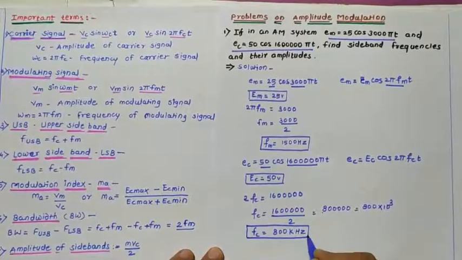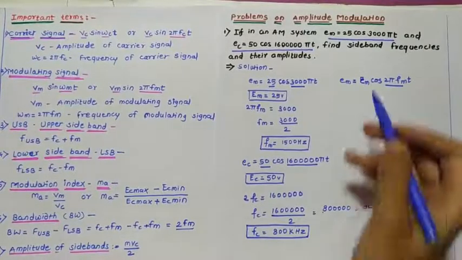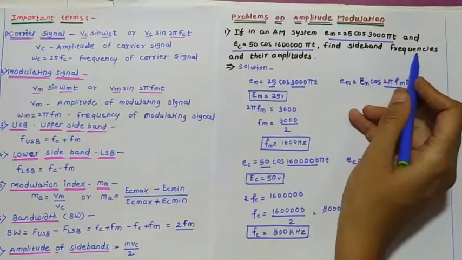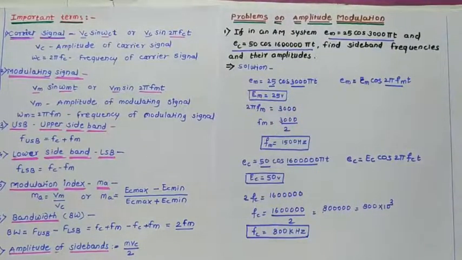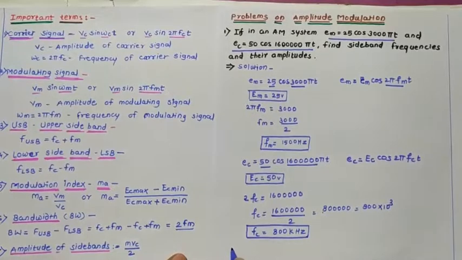What do we have to find out? Find sideband frequencies and their amplitudes. First we'll find the sideband frequencies, and we know the formula.